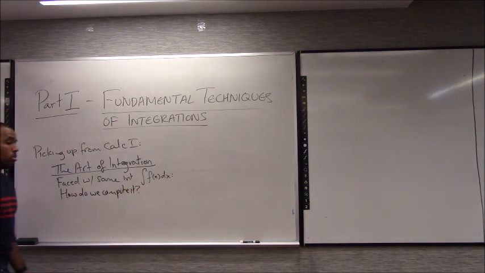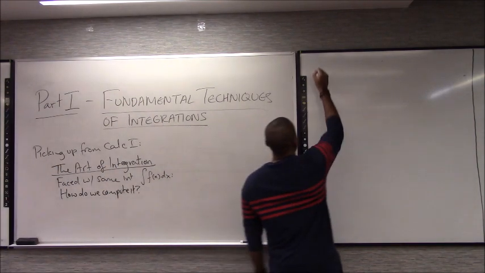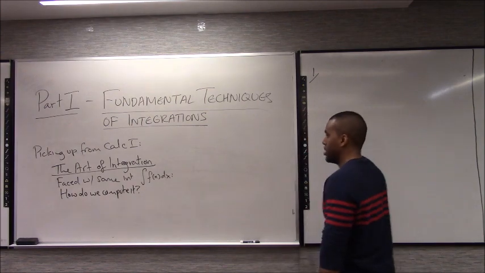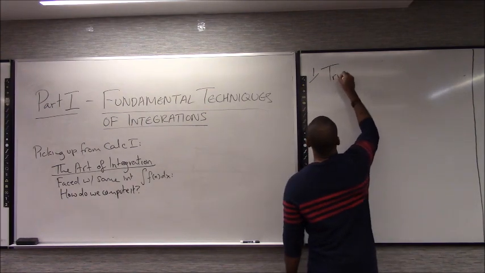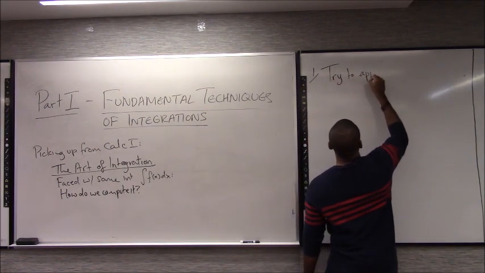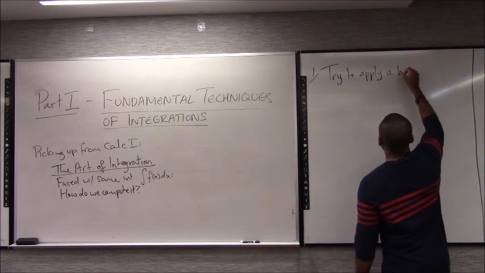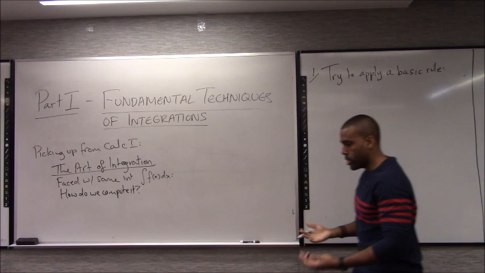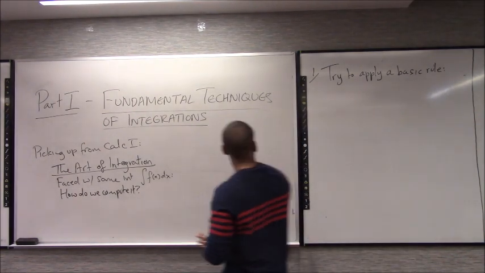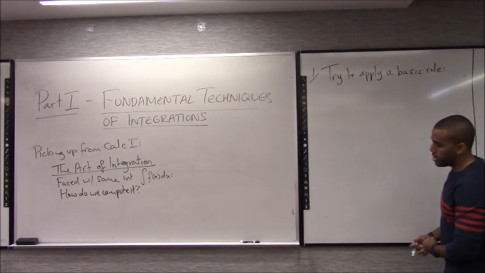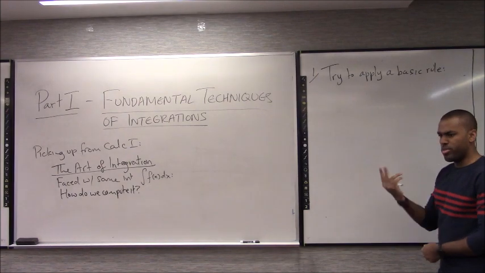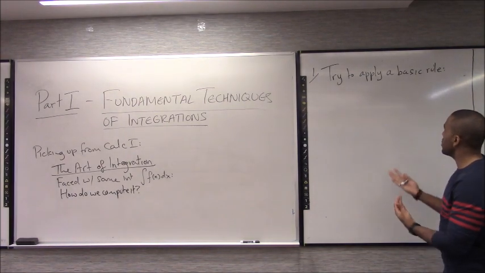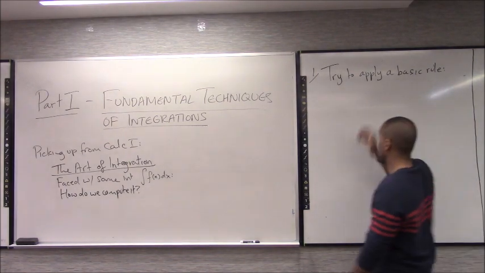Okay, so step one, when faced with any random integral: try to apply a basic rule. What's a basic rule? So in Calc 1 you learned about the integration of a lot of elementary functions. Basically you reverse the derivative rule. So these are just things that you kind of know by heart by reversing a derivative rule.